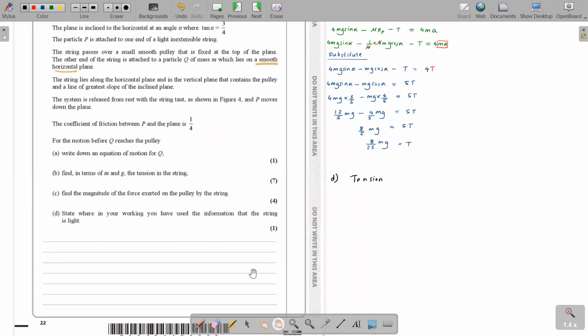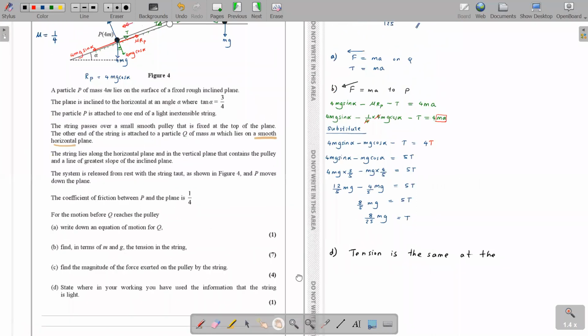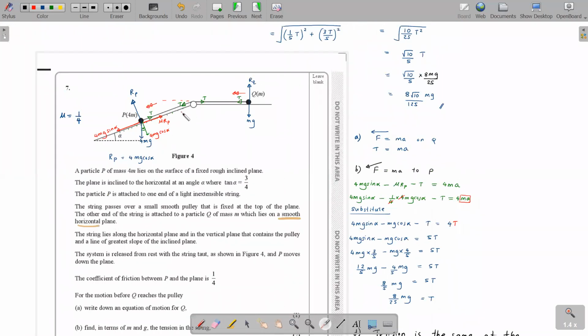Please do not use tension is same throughout the string. Use the tension is the same at the ends of the string. Or else in this case, it's not the ends. We have certain sections of our string, right? Because this is the full string. So we have tension equal at this end and this end and again here and here.